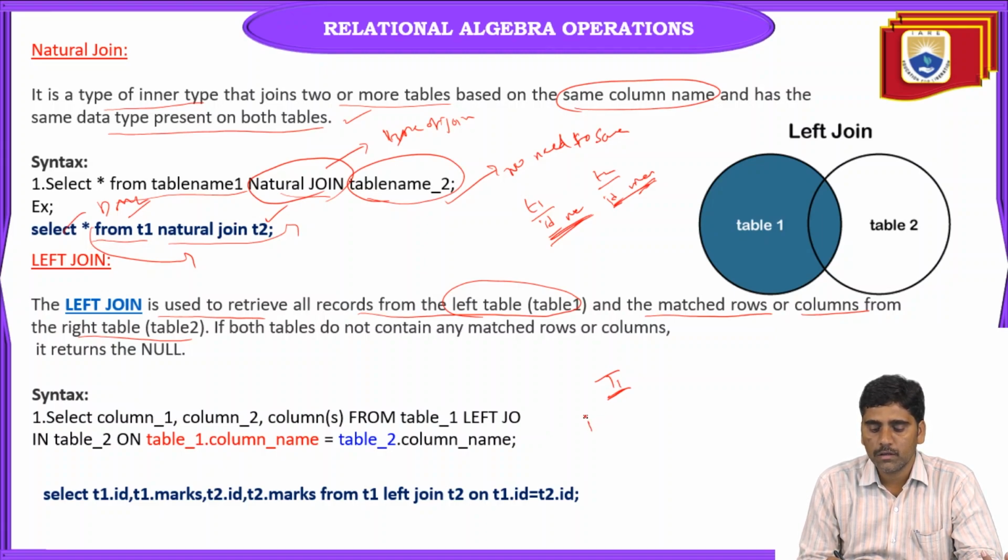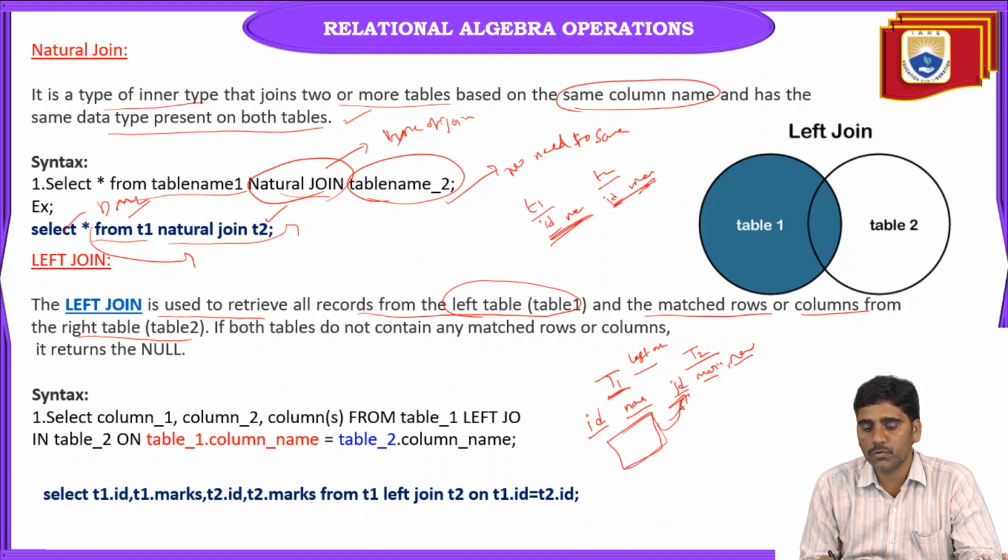Suppose T1 has ID and name, and T2 has ID, marks and name. If I perform a left join or left outer join on these two, it displays all the table 1 columns and only the matching columns of table 2.